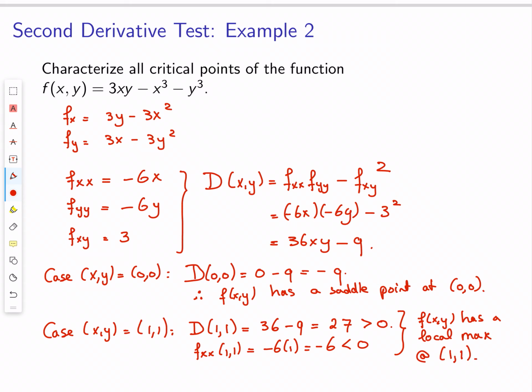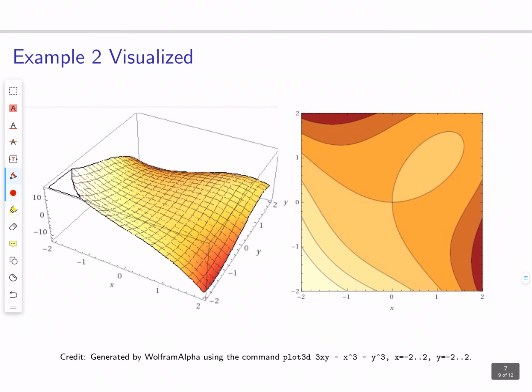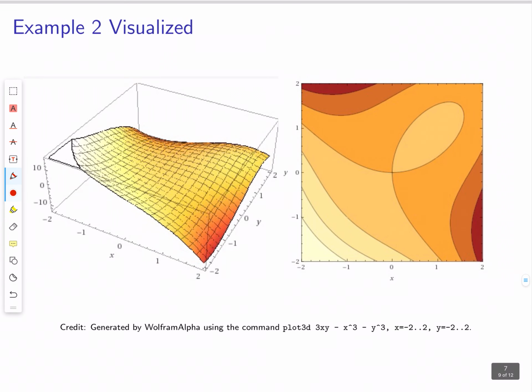Okay? Now, I've already plotted one function, of course. I've plotted the surface as well as the contour plot. And at the point (0, 0), we had a saddle, and so the point (0, 0) is right about there. It's a little bit hard to see on this particular graph.